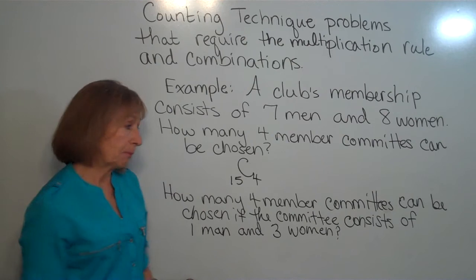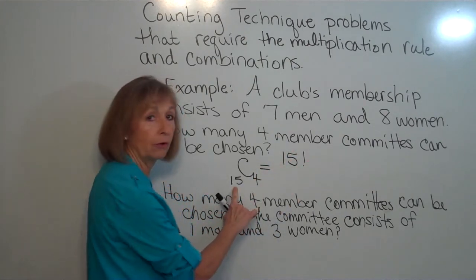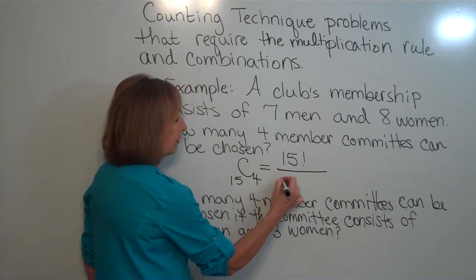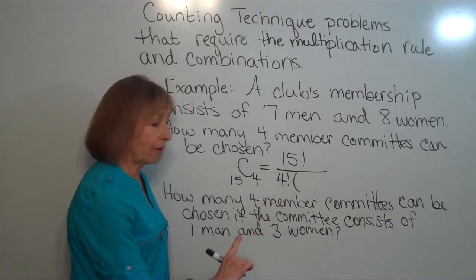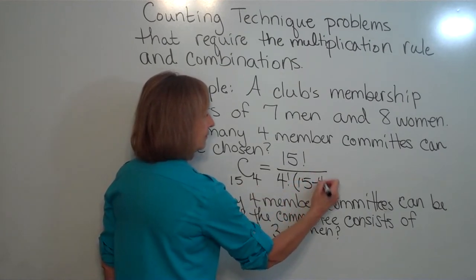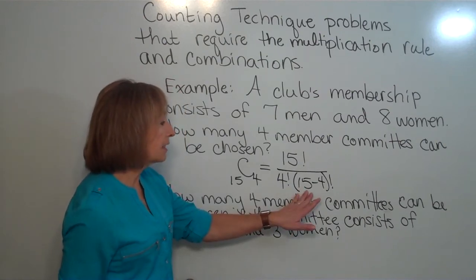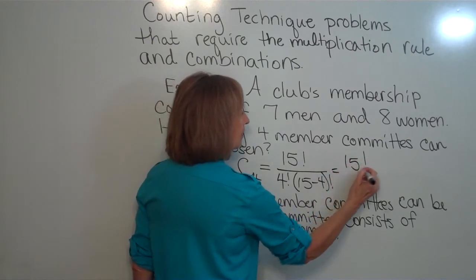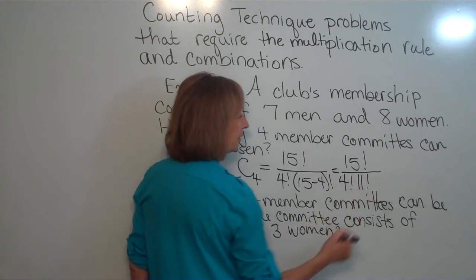From the formula aspect of it, it's n factorial, so 15 factorial, the overall number, divided by r factorial, so 4 factorial, times n minus r factorial, so 15 minus 4 factorial. Now do what's inside the parentheses first. 15 minus 4 is 11, so I have 15 factorial over 4 factorial times 11 factorial.